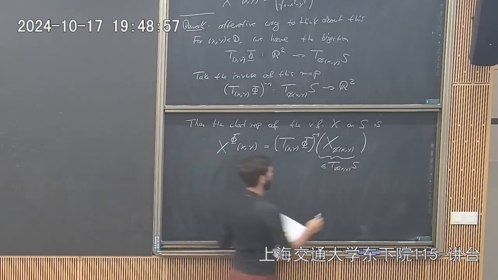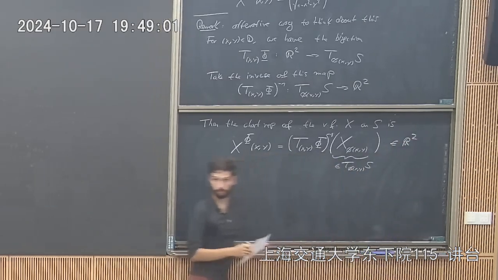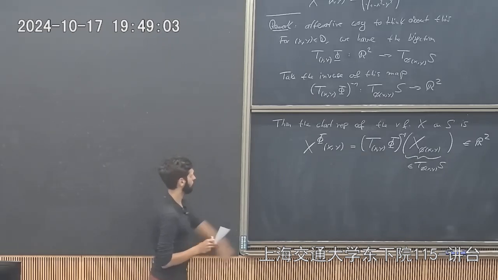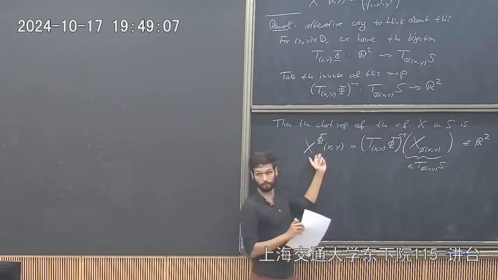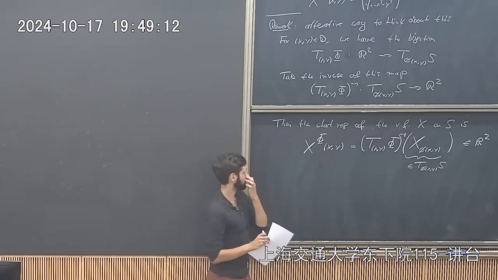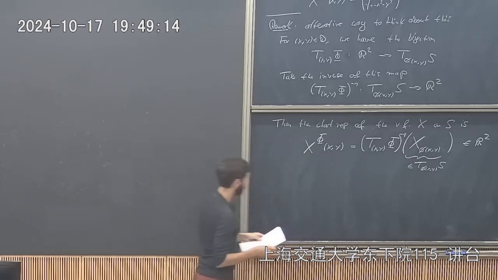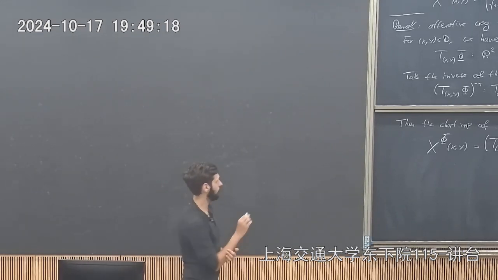And what we get is just some vector in R2 for every x and y. It turns out that this one is exactly the chart representation that I defined earlier. So that's maybe a different way to think about that.